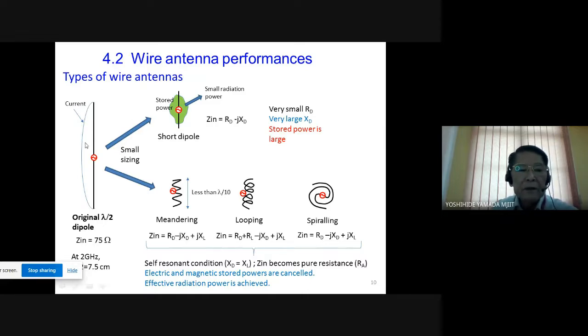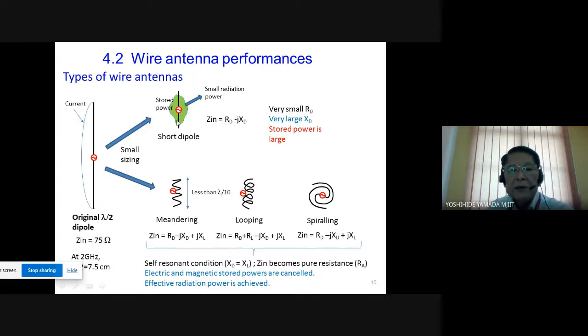If the length is simply shortened, the antenna impedance is changed. Very large capacitive reactance appears, and the radiation resistance becomes very small. In this case, the reactance part means the stored power, and the real part means the radiation power.